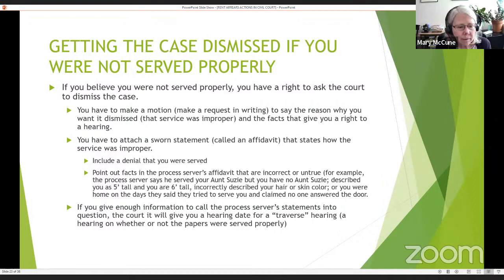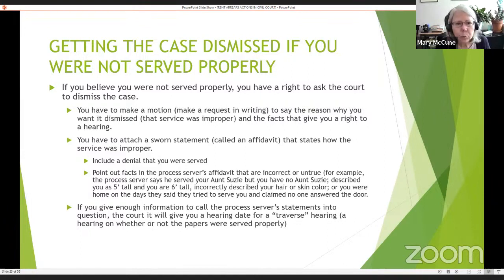If you give enough factual support to call the process server's statements into question, the court will order that a hearing be held, which is called a traverse hearing, to see whether or not the papers were served properly. So the affidavit and the motion are to get your foot in the door and to get you this hearing.